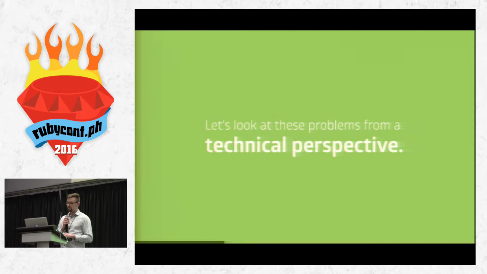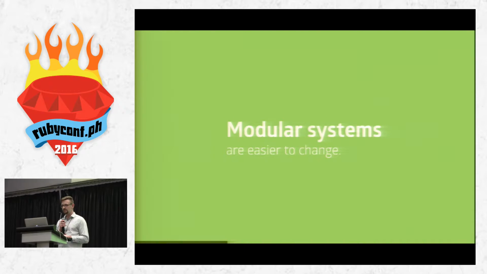Now I actually want to look at these two things from a more technical perspective, because I just more or less defined these arbitrary concepts, but what does it actually mean for us as software developers? I want to talk in particular about modular systems and why they are easier to change.